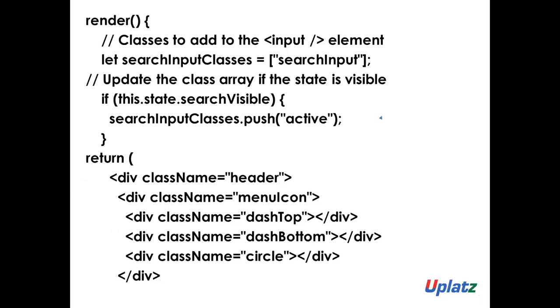I need to update the array if my search state is visible. If it is visible, I need to push everything inside that: header, menu icon, dash, top, bottom, circle, everything inside the search input class. That is what I have done.